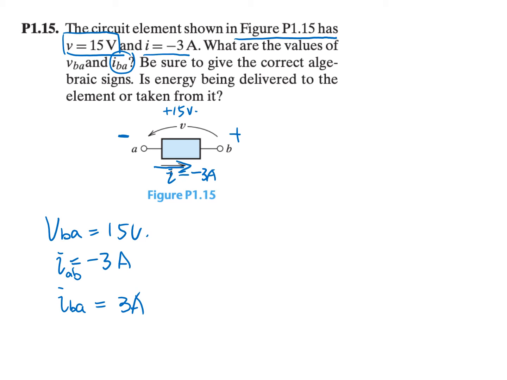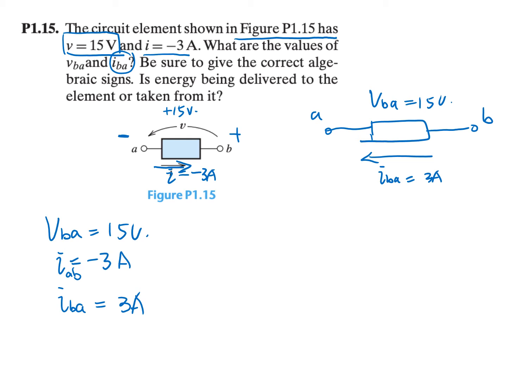So now let's redraw the circuit diagram, that's going to look like this. This is terminal A and B, and the current IBA is equal to 3 mA, and the voltage VBA is equal to 15 volts.